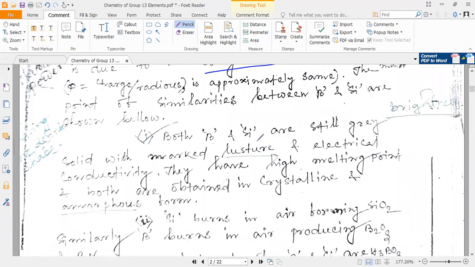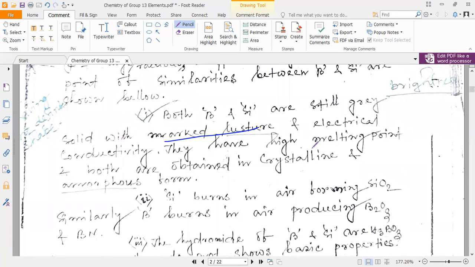The first point of similarity is that both boron and silicon are steel gray solids with marked luster and electrical conductivity. These are three important properties both elements show. They also have high melting points, and both are obtained in crystalline and amorphous forms.